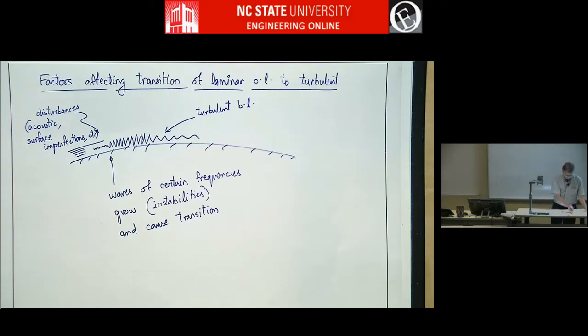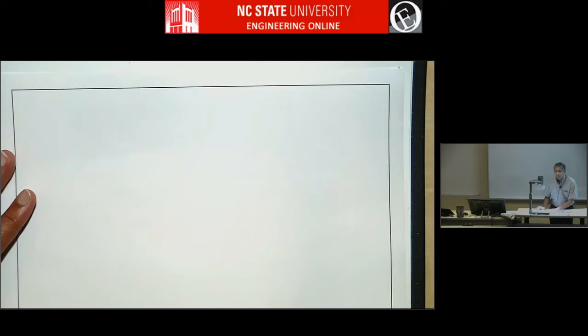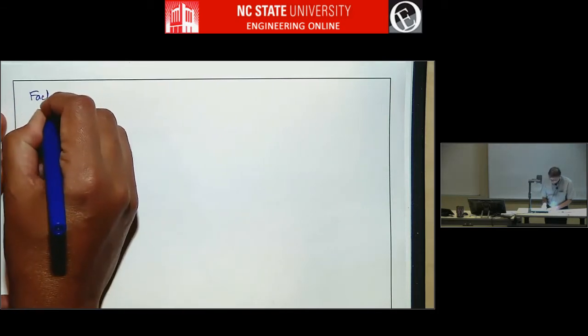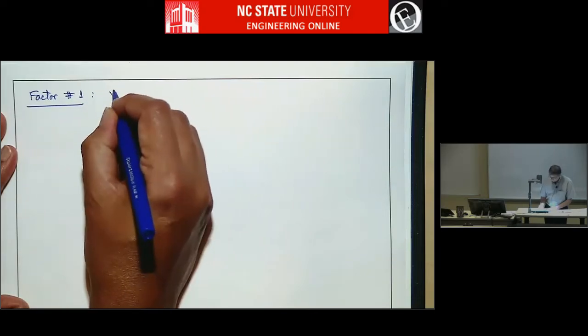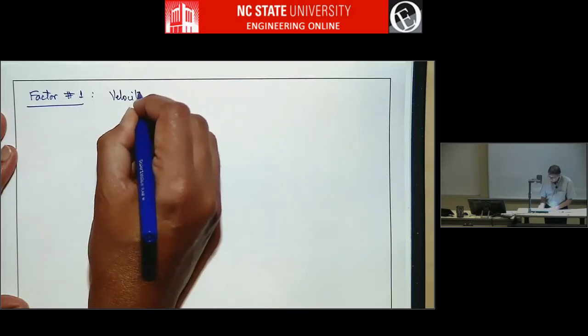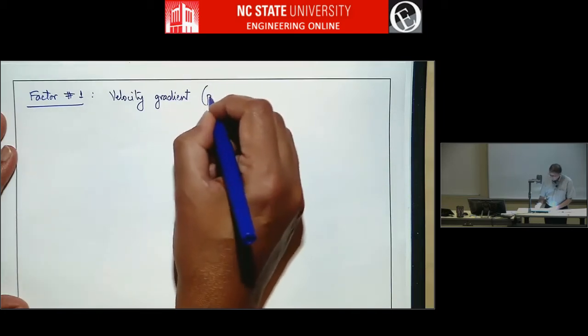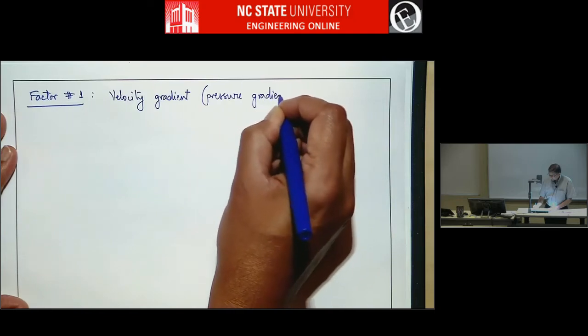So one of the main factors affecting transition is velocity gradient. Velocity gradient, as you know, is the same as pressure gradient.